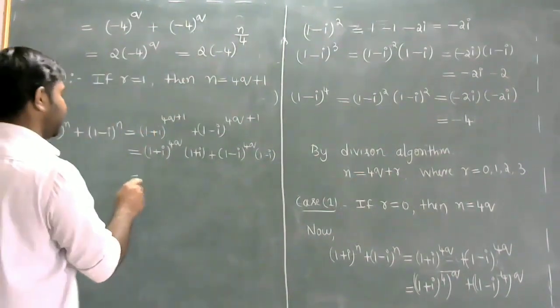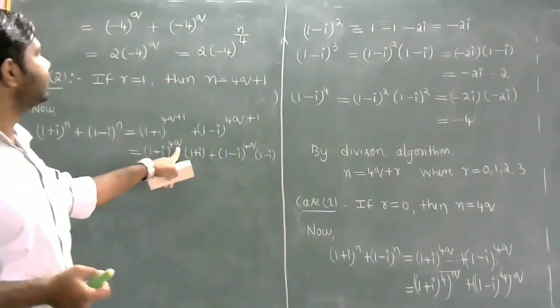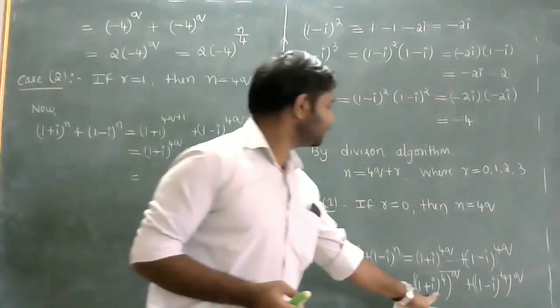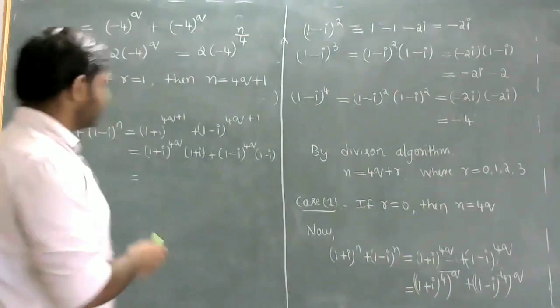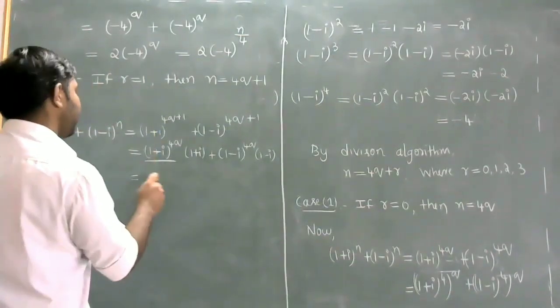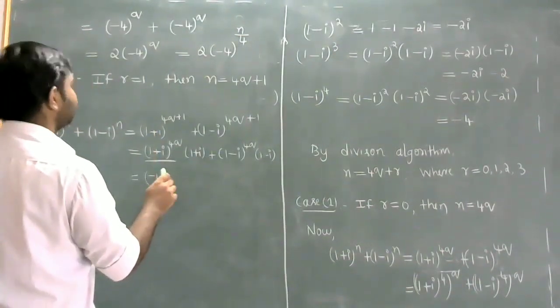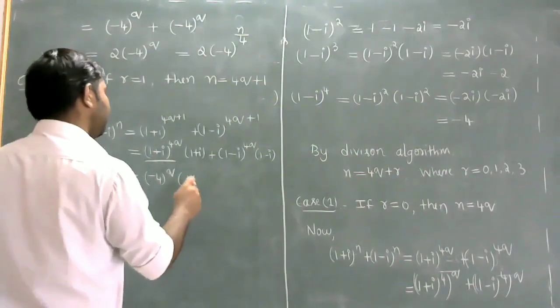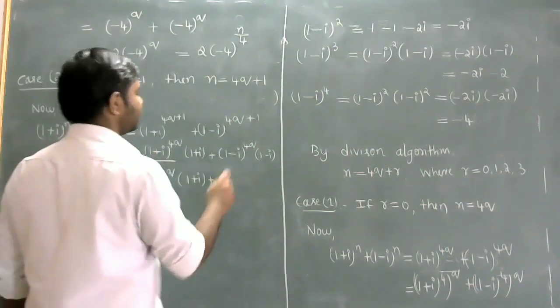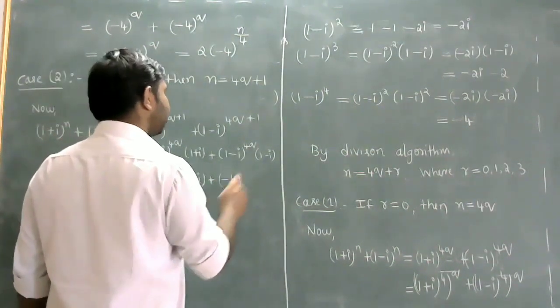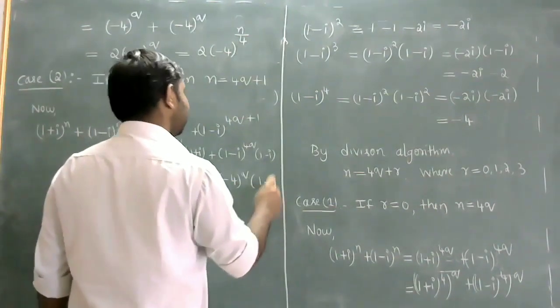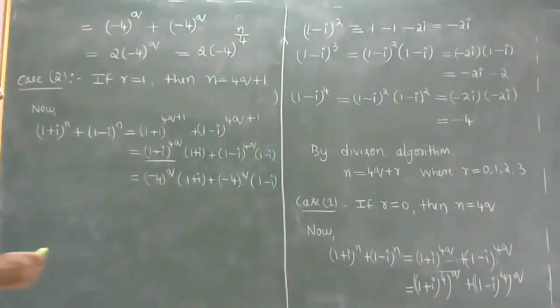Okay. So once again, what is this value? (1 plus i)^4 to the power q is minus 4 to the power q, so it is (minus 4)^q times (1 plus i). Plus this is also (minus 4)^q times (1 minus i). Right?